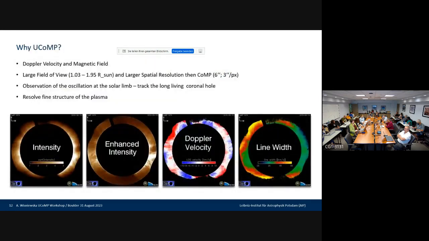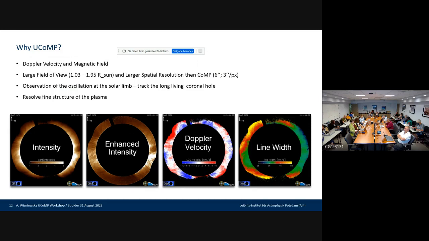Okay, so why do we want to use UCoMP in the future? Of course, we've heard already that UCoMP has the possibility to measure Doppler velocity and magnetic field in the corona, and has a large field of view and larger spatial resolution than COMP.